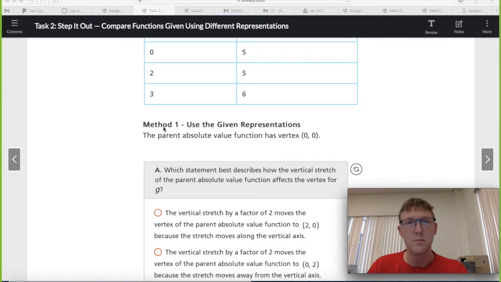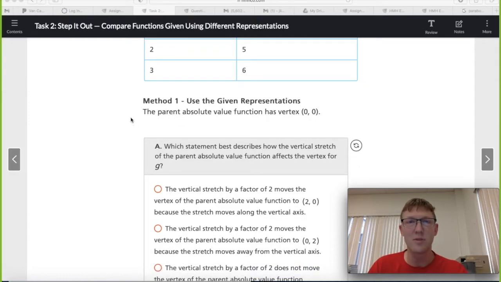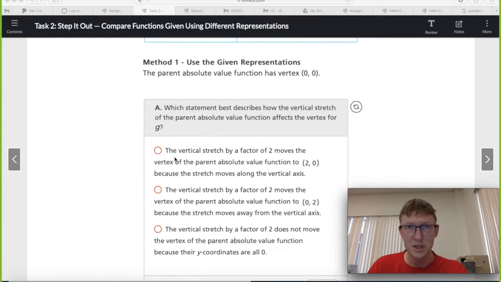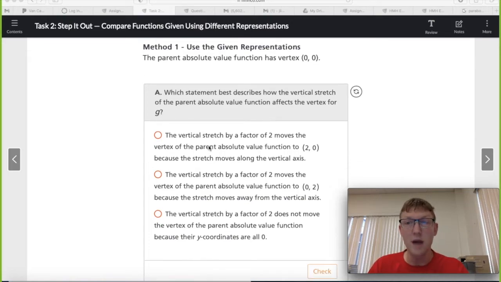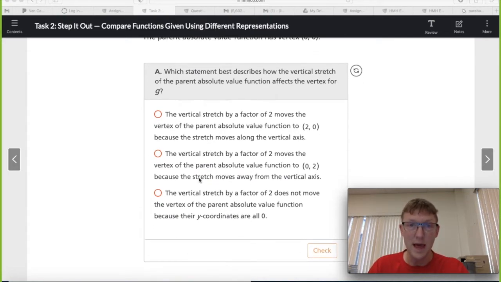So method 1, use the given representations. The parent absolute value function has a vertex (0, 0). Which statement best describes how the vertical stretch of a parent absolute value function affects the vertex of g? It would not affect the vertex at all.